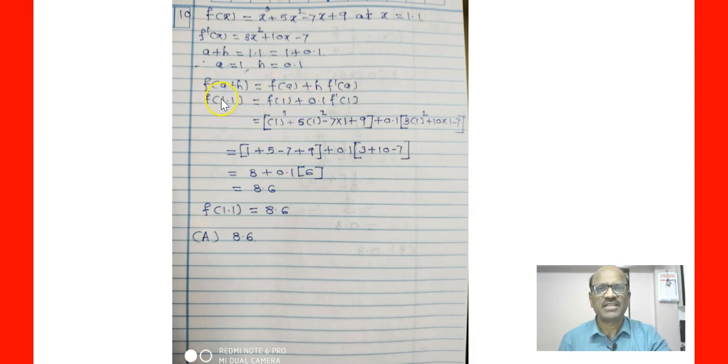Now substitute: f of 1.1 is f of 1 plus h, 0.1, into f dash of 1. After the calculation you will get f of 1.1 equals 8.6.